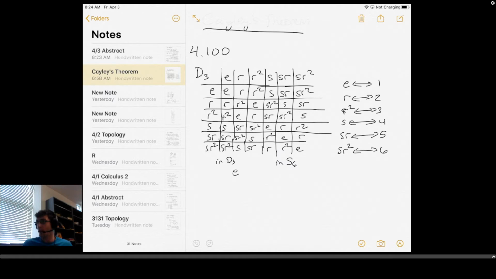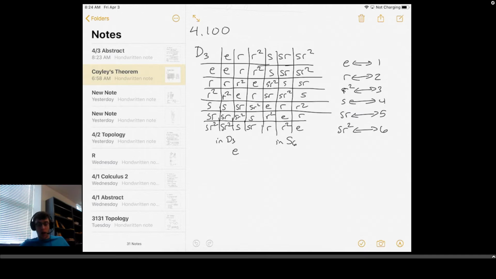Does that general idea make sense? Because judging from what I was seeing on the homeworks, I think this was fairly confusing when you guys were reading through it in the book. So that's not surprising. This is a little bit more abstract. So definitely ask questions if you have them.